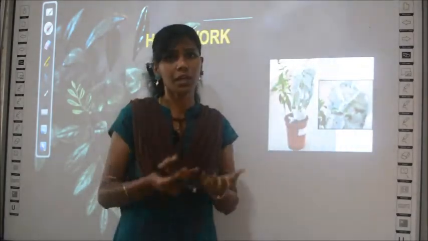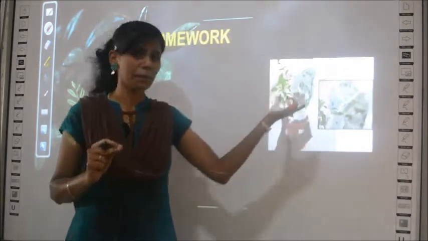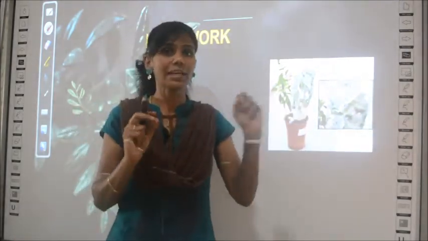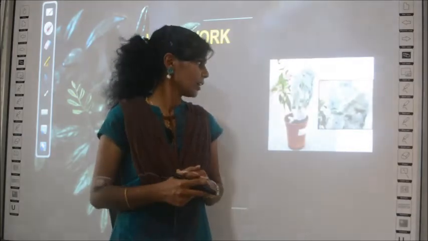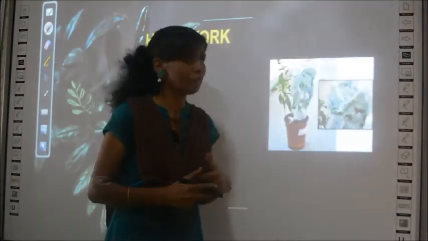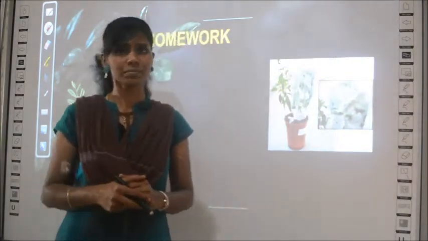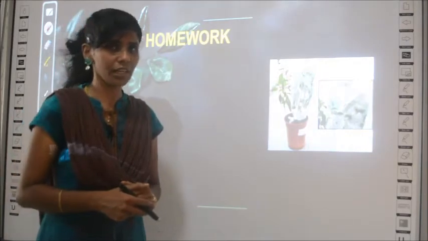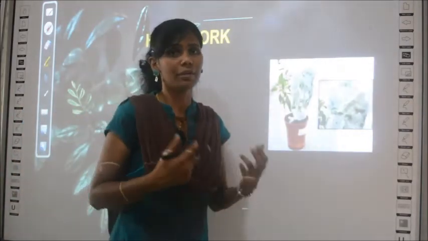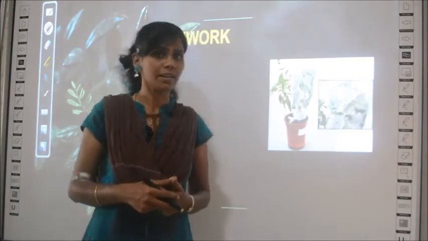Don't expect like 1 tumbler of water, you will not get that from one portion of the plant. So you will get only water vapors. Okay. You can see clearly in this picture, it's not so clear, but you can see. Just click the picture and send it to my WhatsApp number. Okay, please do, so that you can experience practically all what you study in theory.